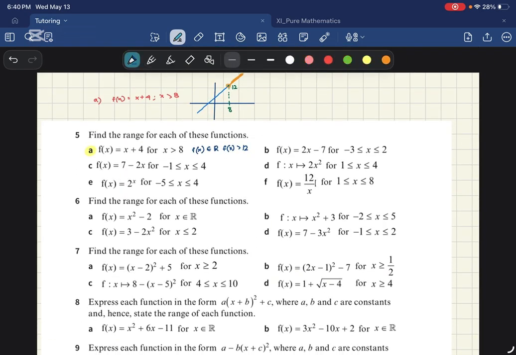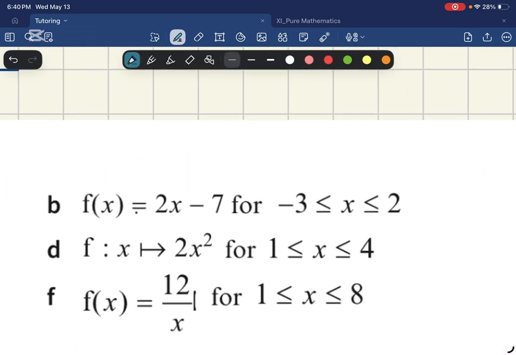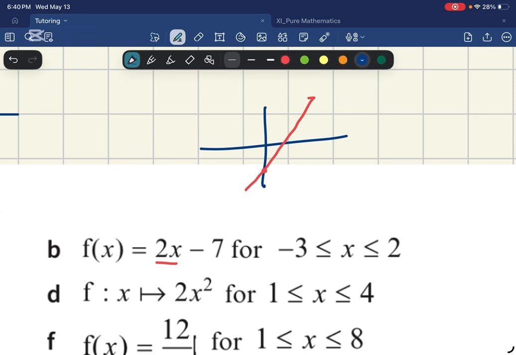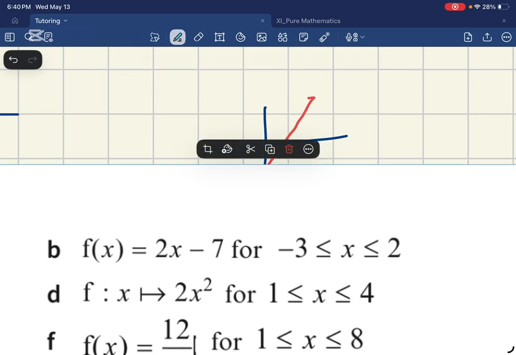All right. For B, again, you want to visualize the function. It has a positive slope and it intersects here. It looks something like this. And from the shape of the graph, you can see that this is a one-to-one function and an increasing function, right? As x increases, the output is increasing. So therefore, you can just plug in the values for the edge cases.